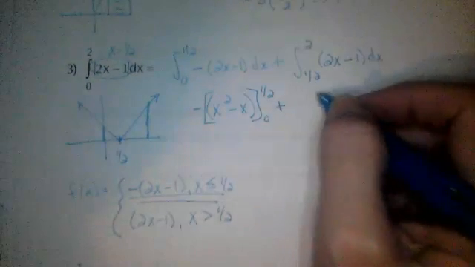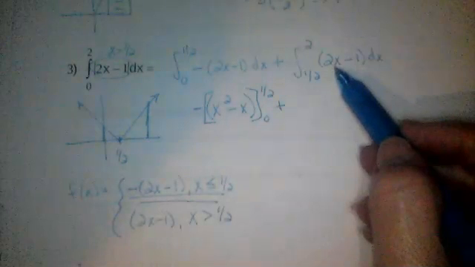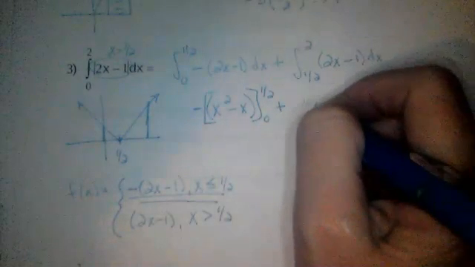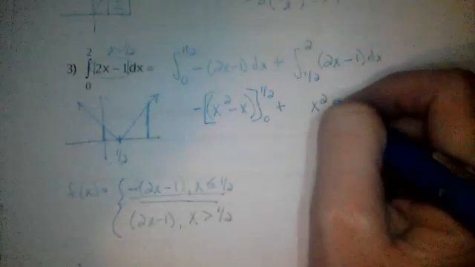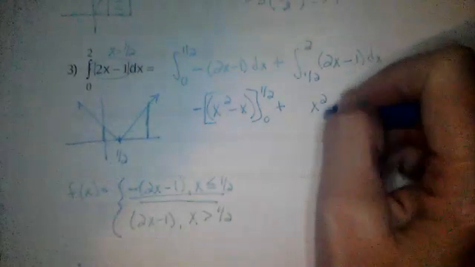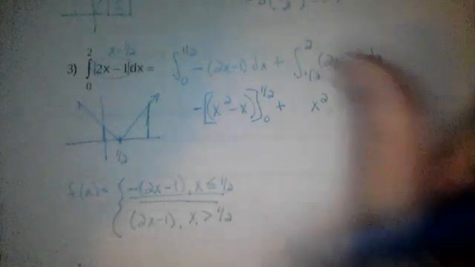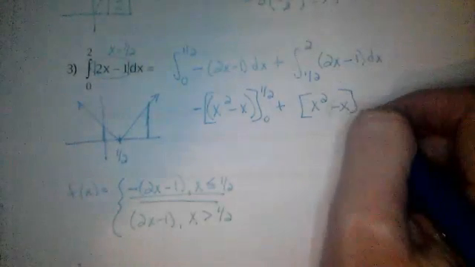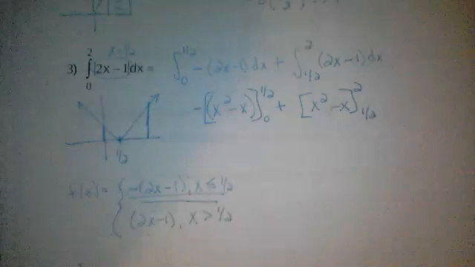And then for this one, same thing's going to happen. We get 2x squared over 2, or just x squared, minus x. This one we're evaluating from 1/2 to 2.